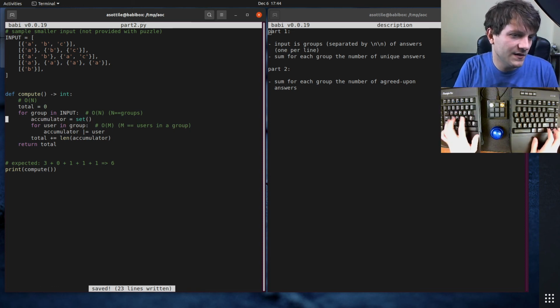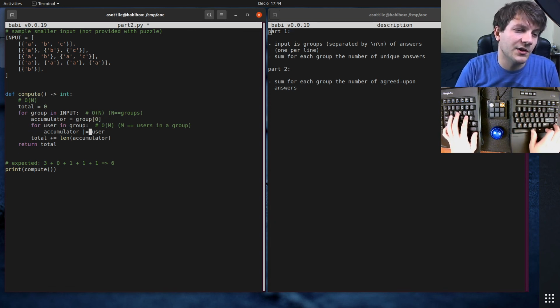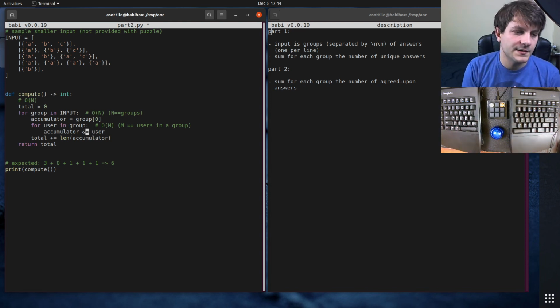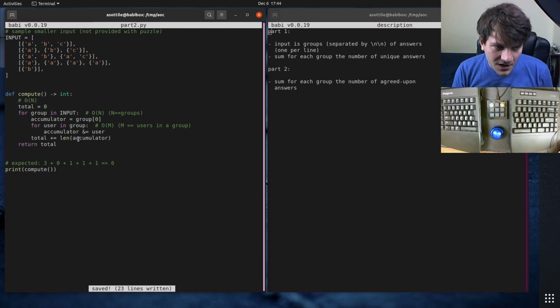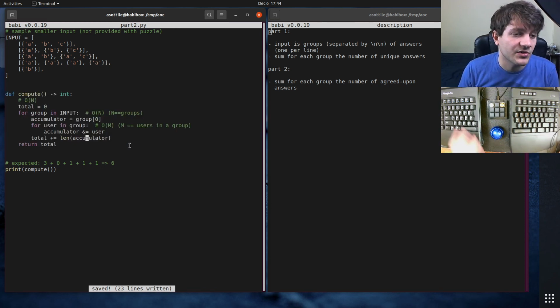Instead of doing this accumulator like this, we are instead going to pick our first group user and then intersect with all the other ones. So we'll use and equals instead. So it's a really easy way to adjust the first problem into the second problem.